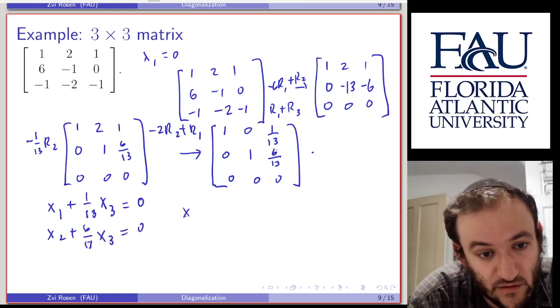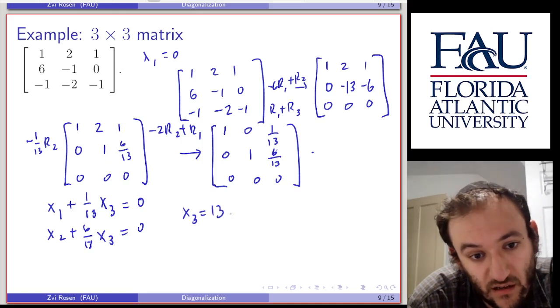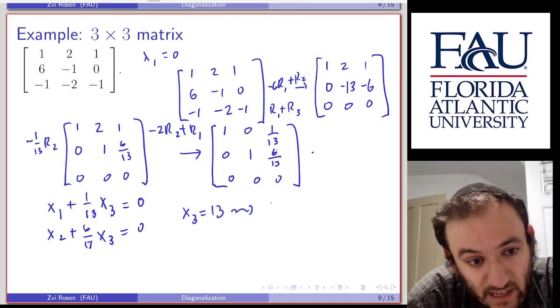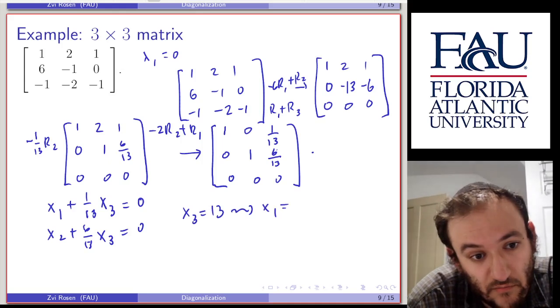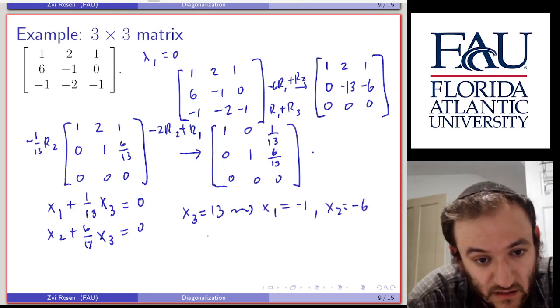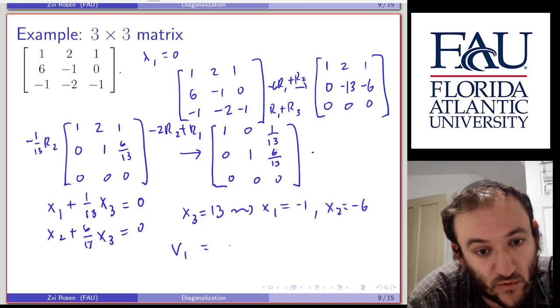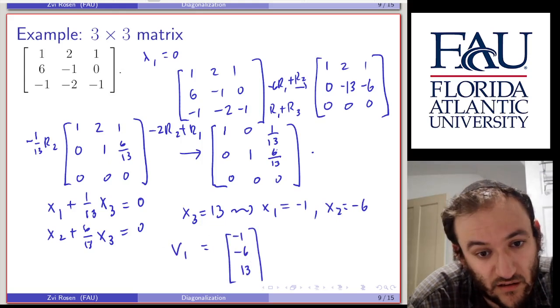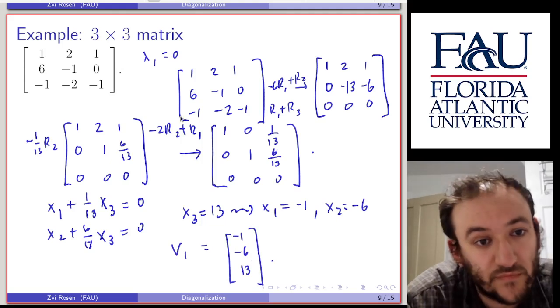Taking x3 equal to 13 for simplicity, x1 is -1 and x2 is -6. So we have v1 equals (-1, -6, 13).